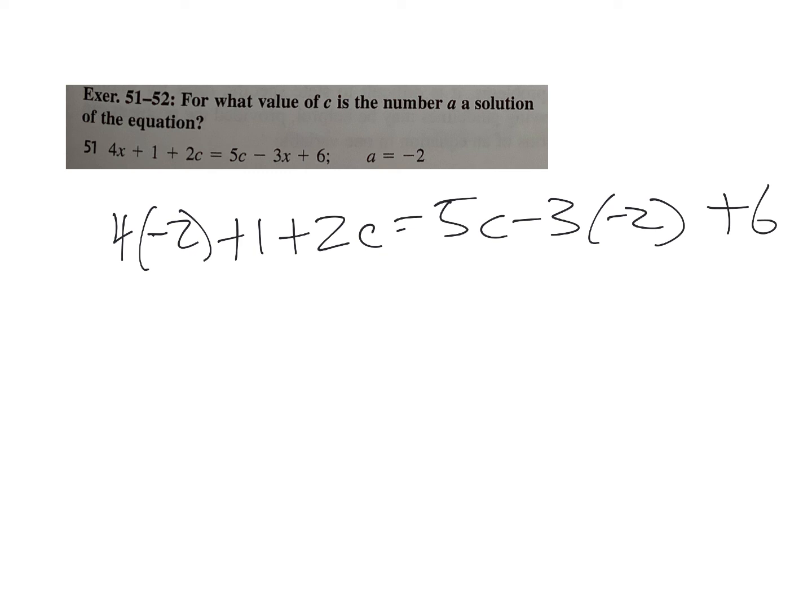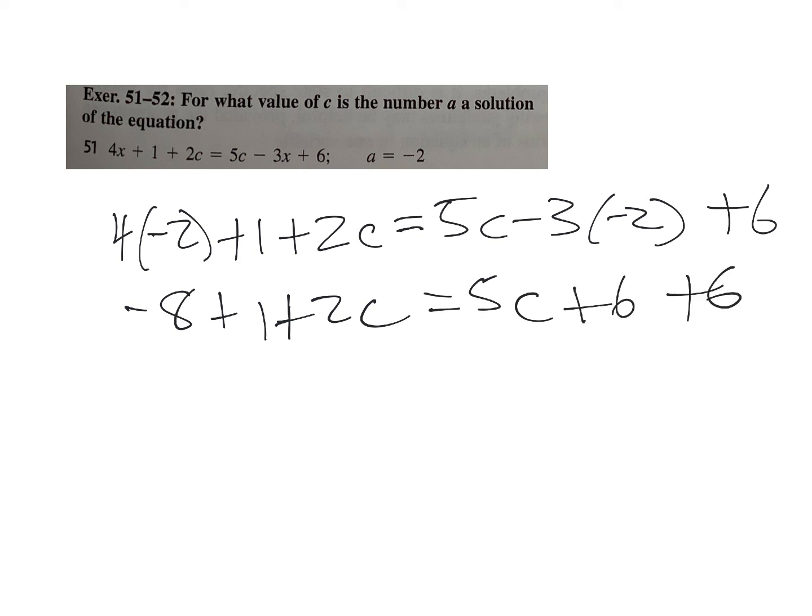So if a is a solution, that means that's your x value. Now it wants to know what c would be when you put negative 2 in for x. That's all you're doing. Okay, so negative 8 plus 1 plus 2c equals 5c plus 6 plus 6. So that's negative 7 plus 2c, and that's 5c plus 12.